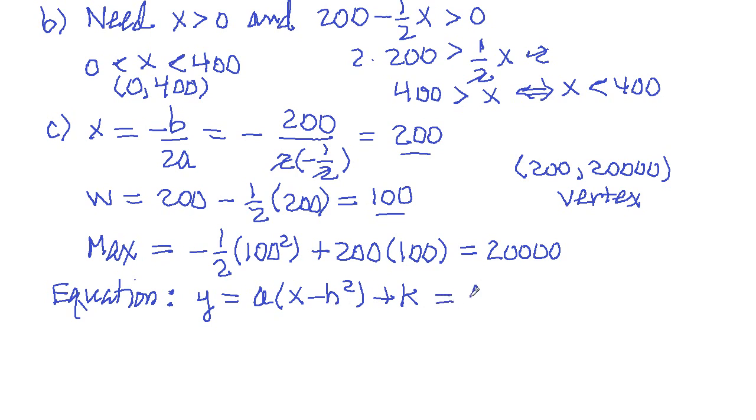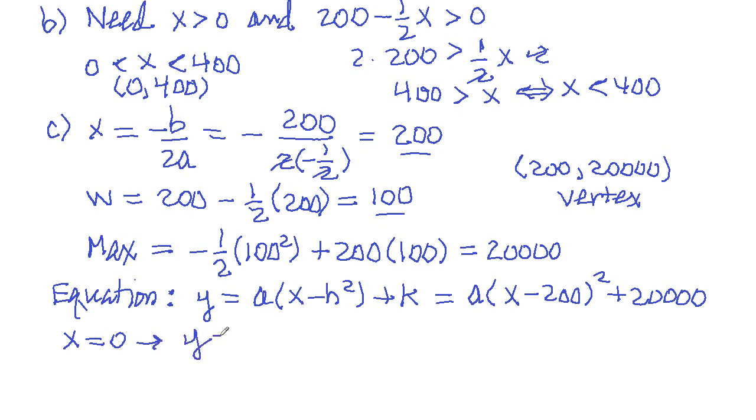So for us, that's going to be a times x minus 200 squared plus 20,000. And then we just need to find a, and we know that when x is 0, y has to be 0. So when the length is 0, the area is 0.